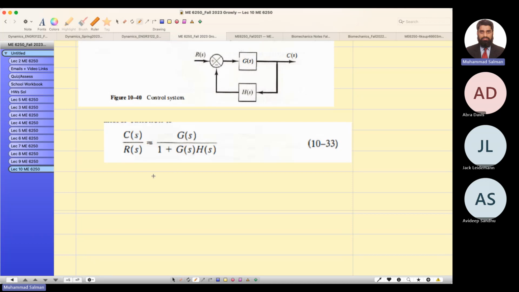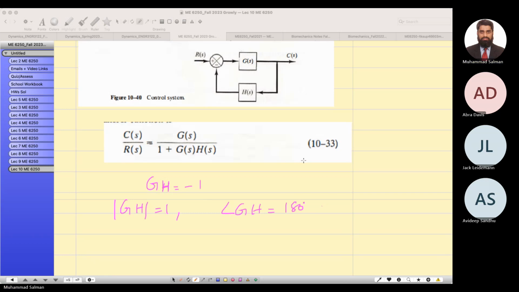So 1 plus GH equals 0, so GH equals negative 1. So the magnitude of GH equals 1, and the angle of GH equals 180 degrees. If you see any root which satisfies these two criteria, the magnitude is 1 and the angle is 180, then it is on the root locus.